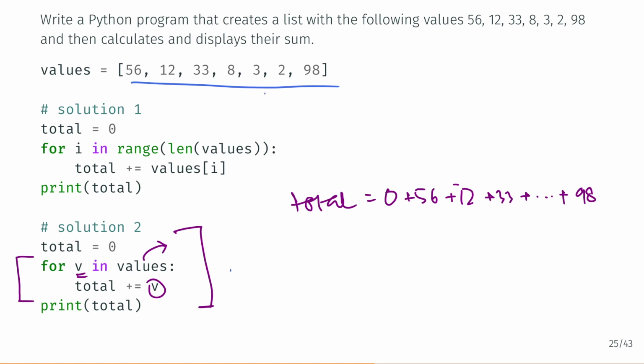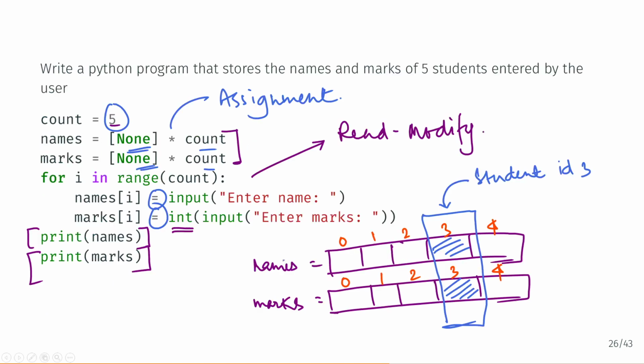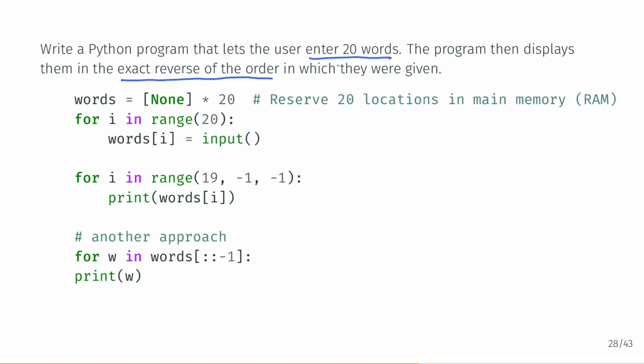For these examples, we don't really need lists, but for the next one, reverse order, you need to save them, you need to remember them so that you know what the exact reverse is. This is where we began talking about lists. As usual, because we have 20 words, it's a good idea to reserve 20 locations in main memory, and we do that using the None times 20 syntax.